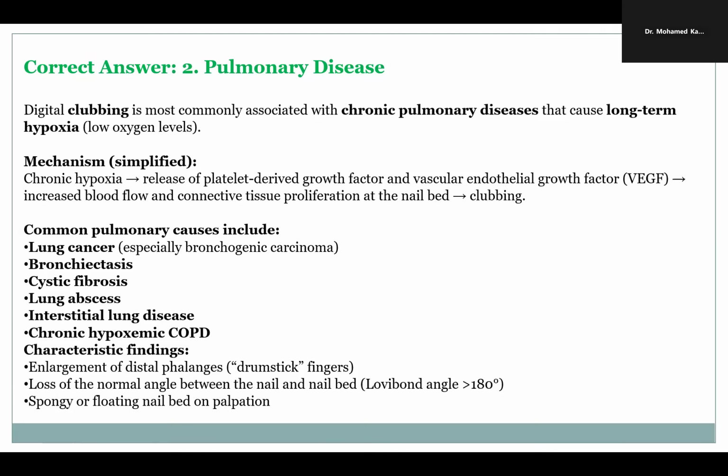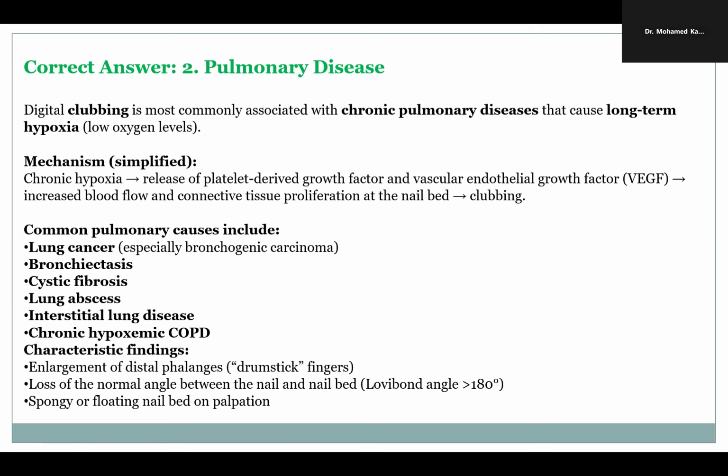So again, chronic pulmonary disease or chronic respiratory disease will lead to chronic hypoxia. With chronic hypoxia, what will happen? We will have an increase in platelet-derived growth factor, PDGF, and vascular endothelial growth factor, VEGF, and accordingly we will have increased blood flow and connective tissue proliferation at the nail bed, which will result in clubbing.